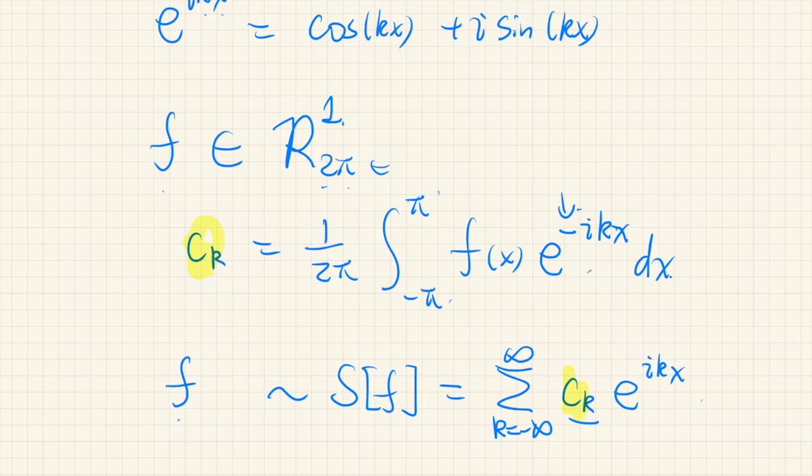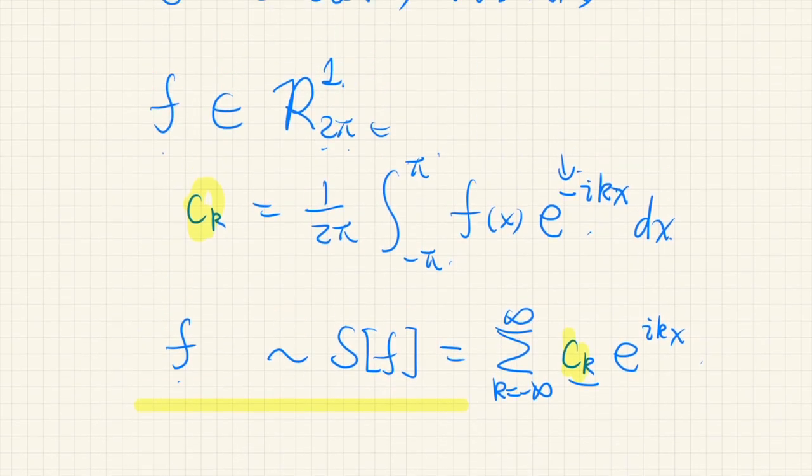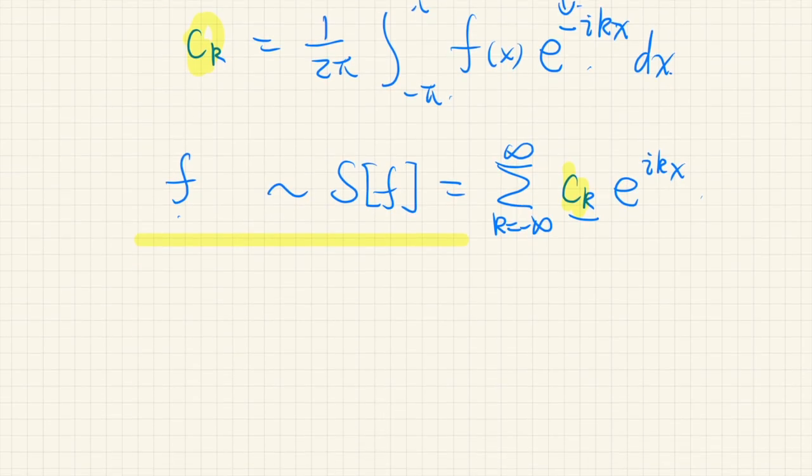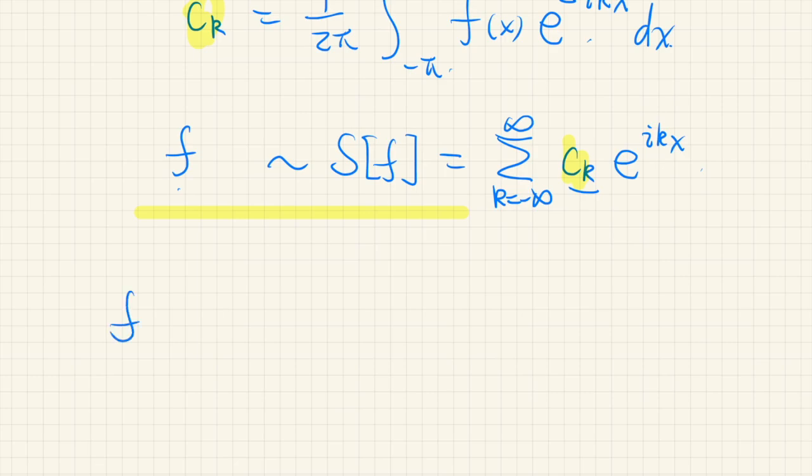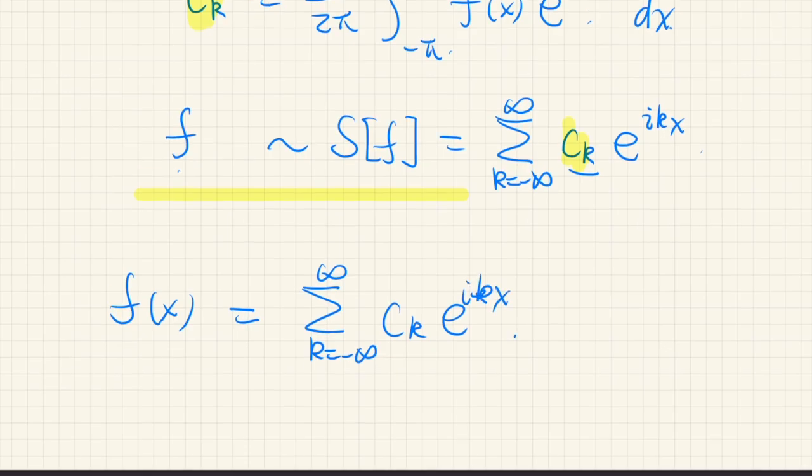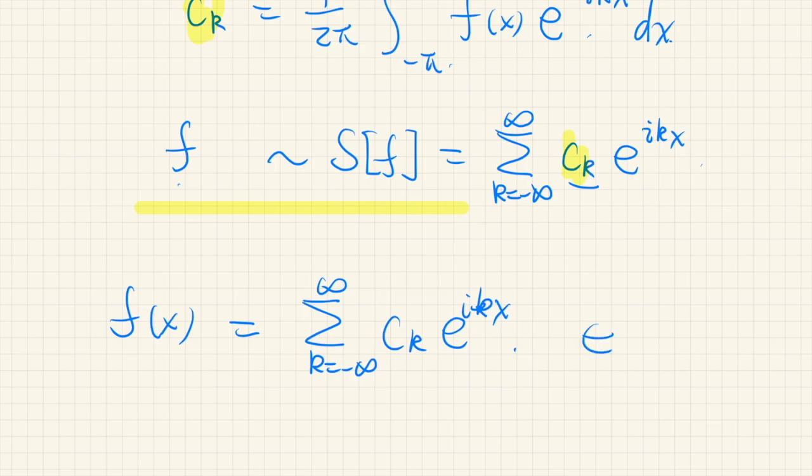Okay, next, let's forget about this. So in the previous case, we assumed that there exists a function f, and for this function, we determined the complex Fourier coefficients, okay? But now forget about this, and suppose a function is defined by this complex Fourier series, and assume this belongs to R_{2π,1}.